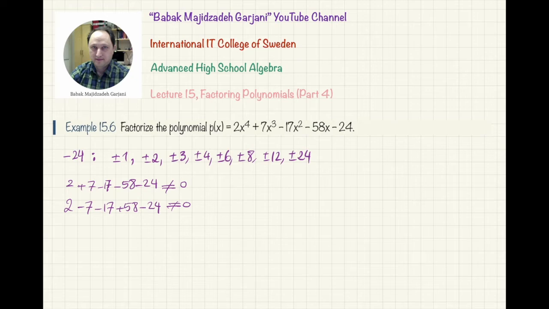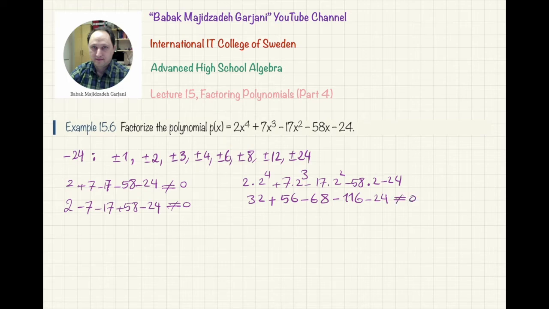If I put 2 here, then it becomes 2 times 2 to the 4 plus 7 times 2 to the 3 minus 17 times 2 to the 2 minus 58 times 2 minus 24. So then this becomes 32 plus 56 minus 68 minus 116, and then I will have minus 24. But again, this is not equal to 0.